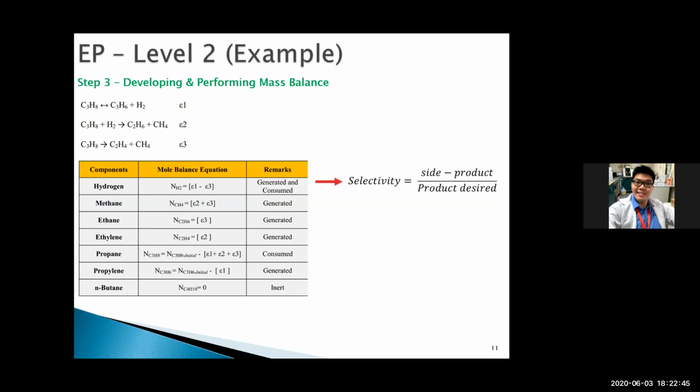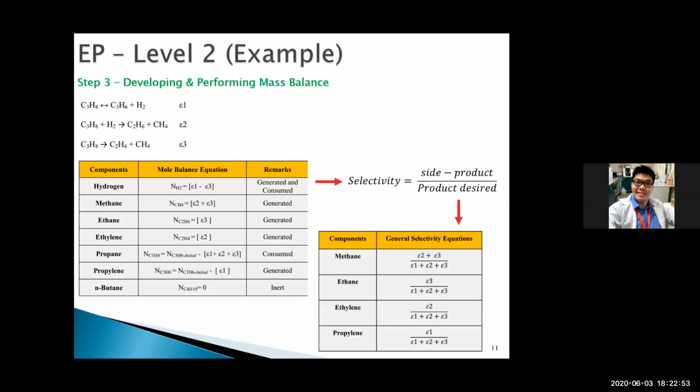Then based on the equation of selectivity, it is the side product over the product that we desire. So for example, for methane, this would be the moles of methane over the moles of propane according to the selectivity equation.